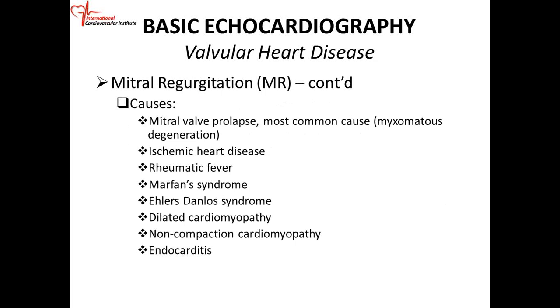To make the diagnosis of mitral valve prolapse, we usually use the parasternal long axis view. And there is an imaginary plane that we use, and if the valve comes close to that or goes beyond that, the anterior mitral leaflet, that is.